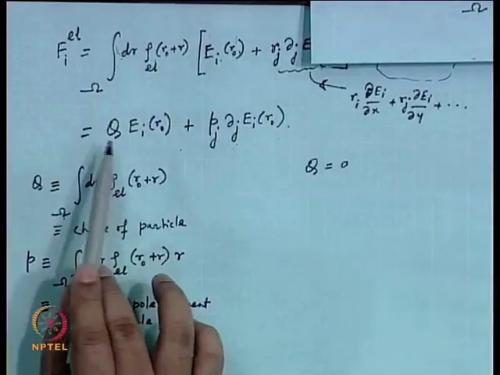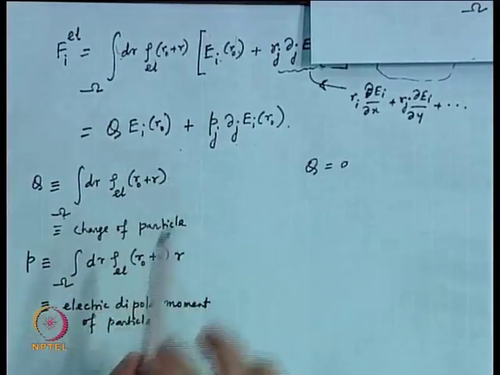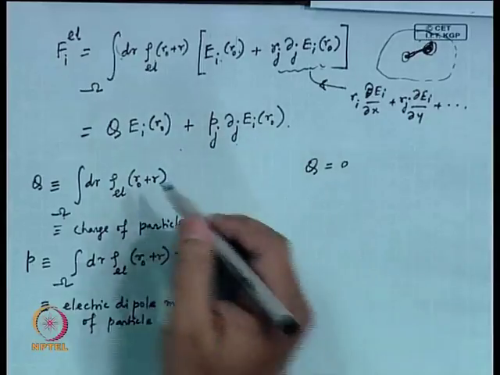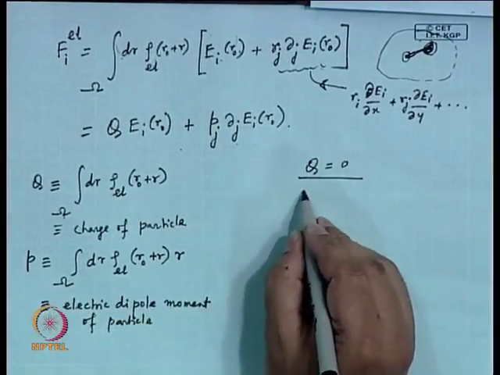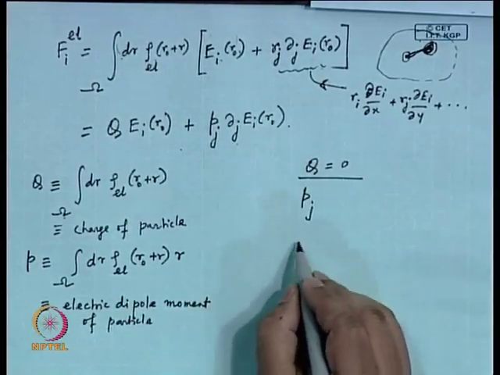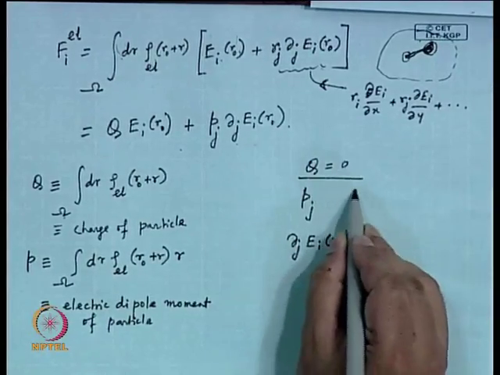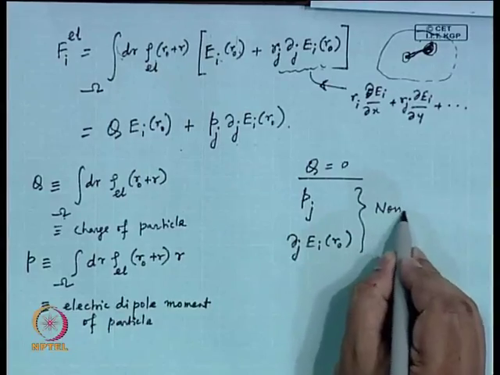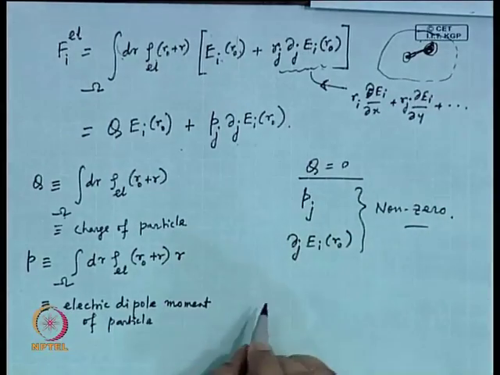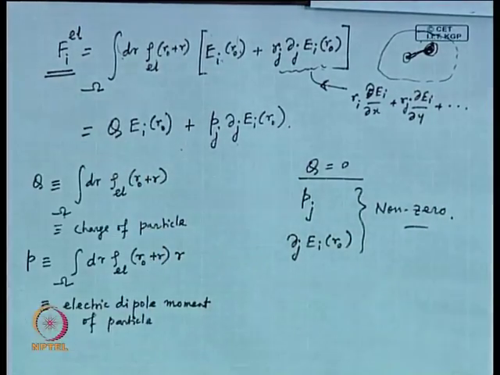Okay. The one catch here is that this E term, the capital E, we assume that the electric field is uniform, but what this analysis says is that even if Q is equal to 0, if P_j and del_j E_i, if these two terms are non-zero, then still there can be a body force F_i^EL possible.